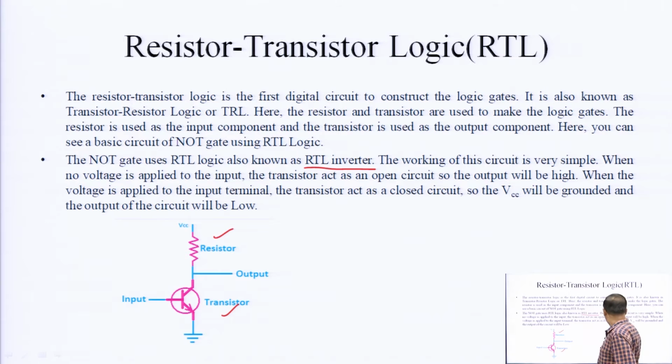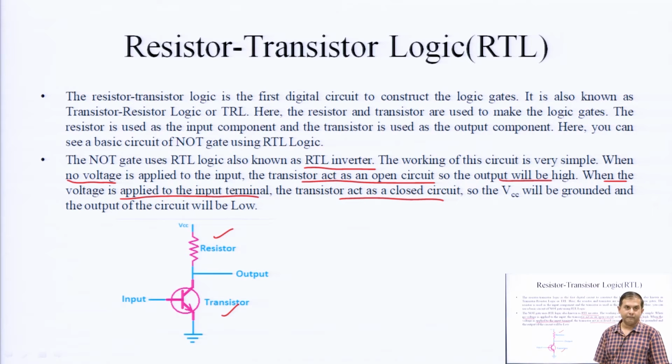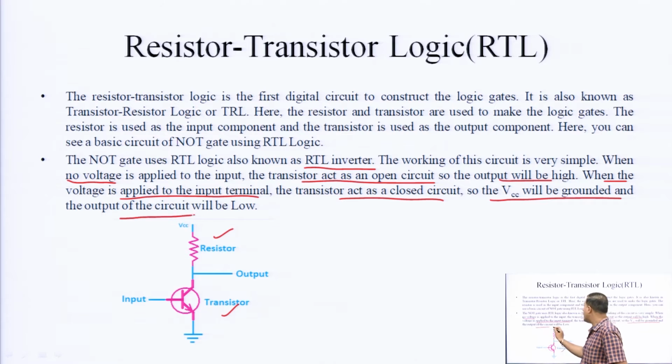When no voltage is applied to the input, the transistor acts as an open circuit, so the output will be high. When the voltage is applied to the input terminal, the transistor acts as a closed circuit. So, VCC will be grounded and the output of the circuit will be low.